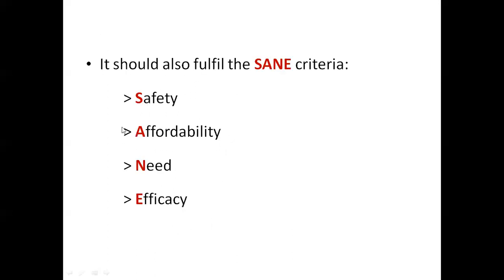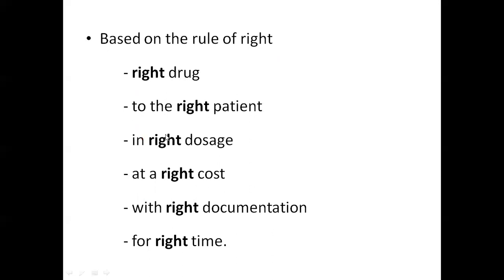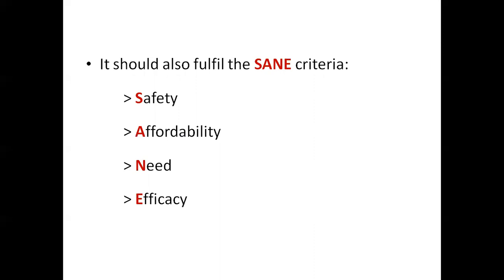It should also fulfill the same criteria: the drug should be safe, affordable at a lower cost, needed for the patient, and efficacious. If the drug fulfills these criteria, it should be used in the right way. So this is rational use of drugs.